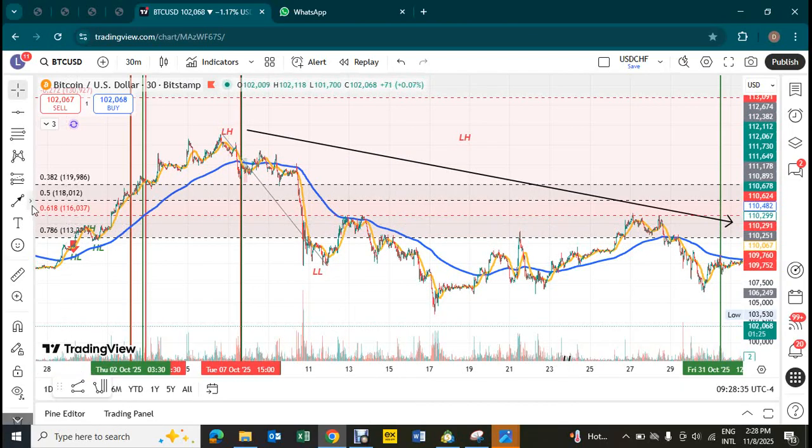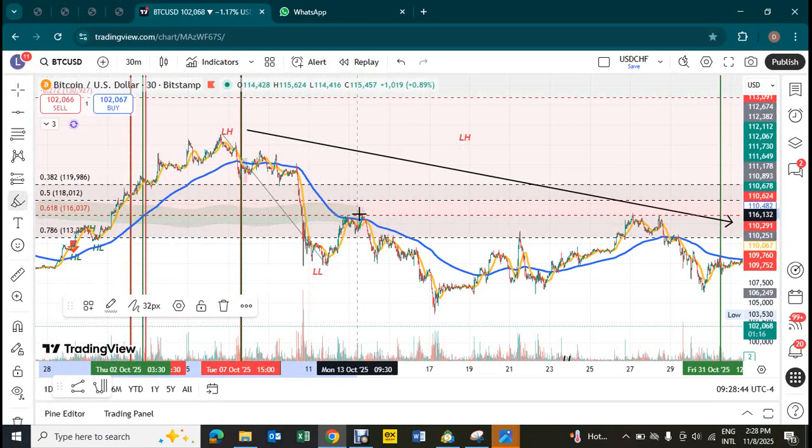You can see on the 0.618, this red line gives us a confirmation that that level is supposed to be our lower high.